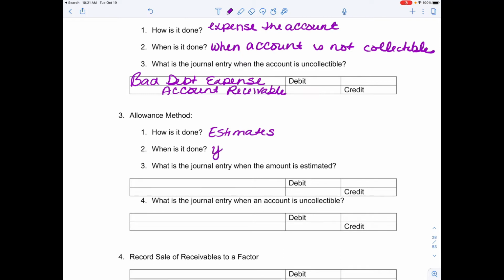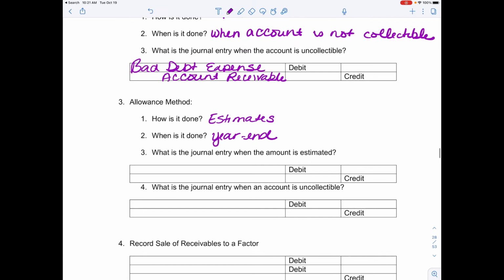It's done at year end, so it follows that matching principle. It matches all the sales that happen in the year with an estimate of how much is not going to get collected. So at the end of the year, we're going to debit that bad debt expense, and we're going to credit that account allowance for doubtful accounts.